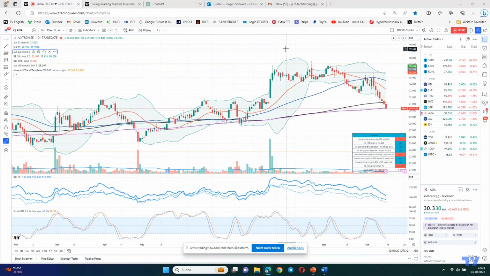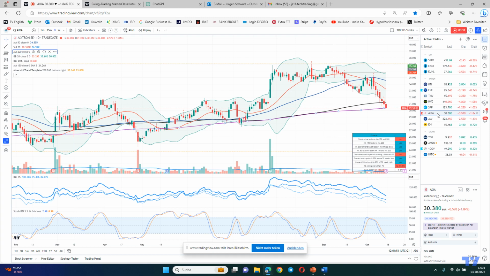Yeah, hello everyone. Today I want to show you how to use ChatGPT as your trading coach and mentor to accelerate your learning curve to become a professional trader. So, in order to do that and explain it step by step, let's look at our model portfolio here, and AIXA is marked in red.